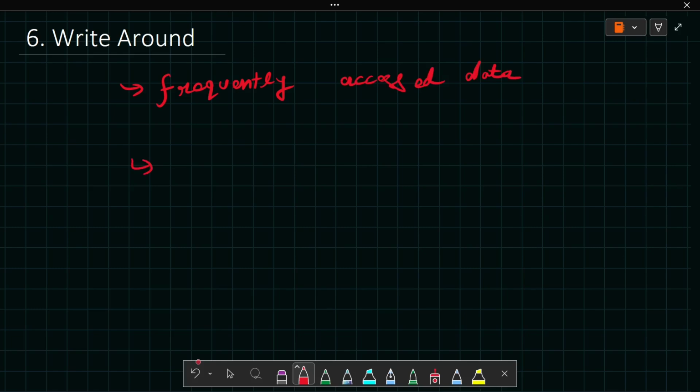It keeps the cache clean by avoiding unnecessary data that might not be requested after being written. So writes are relatively faster here, because at the first time you are writing to the database, and because they only target the database, they do not incur the overhead of writing to the cache. We are not writing at the same time to the cache and DB. We are first writing to the DB and then fetching from the cache memory.